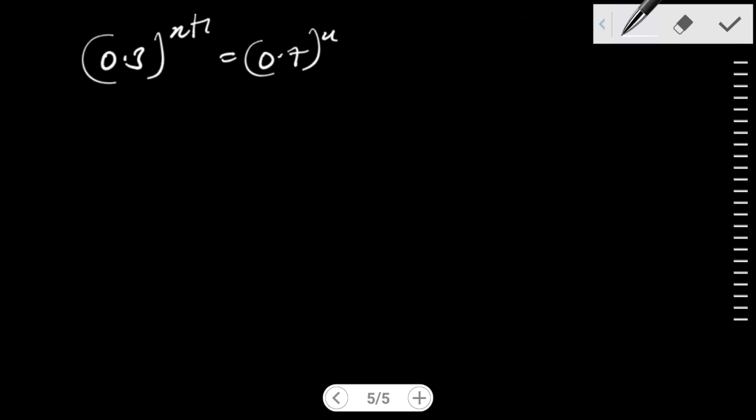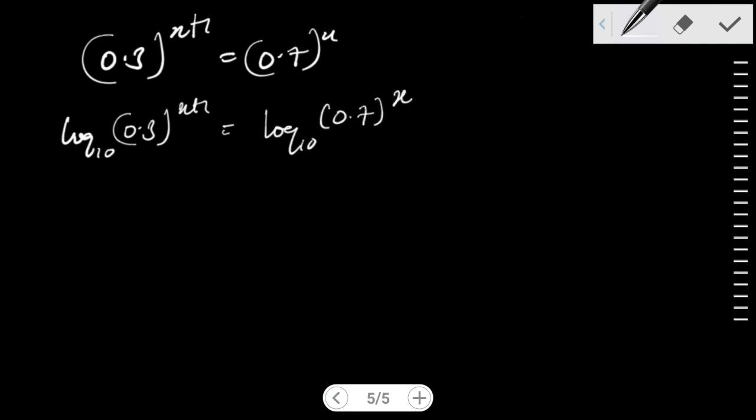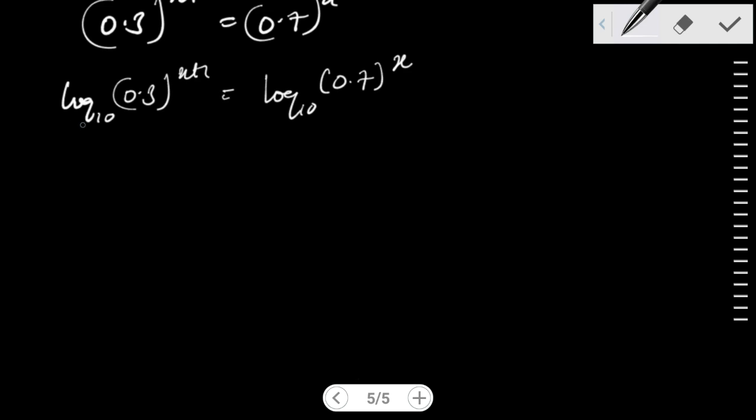Therefore log base 10 of 0.3 to the power x plus 1 is equals to log base 10 of 0.7 to the power x. Even if I write this without showing the base, it means that it is to base 10.